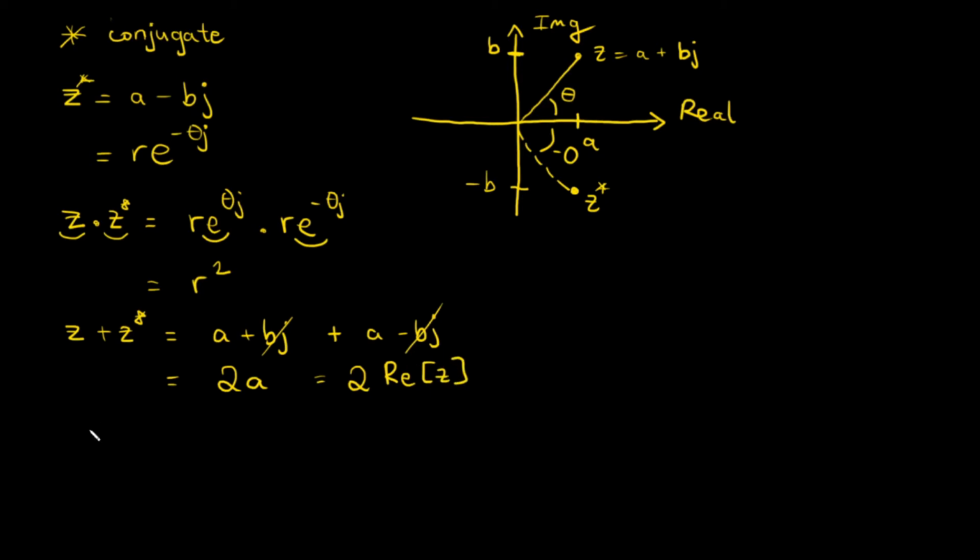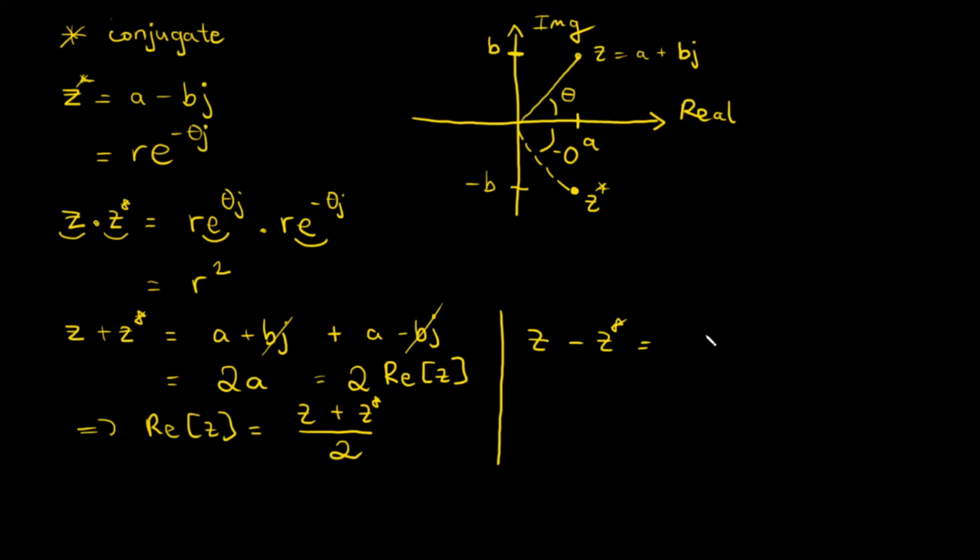From this, you can say that your real part is going to be equal to your complex number plus its own conjugate, divided by 2. How about the subtraction? Let's say you subtract its own conjugate from your complex number. What do you have? a plus bj minus a minus bj. Let's simplify it: a plus bj minus a plus bj.